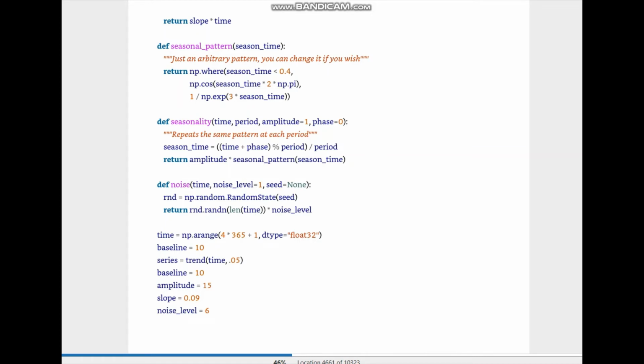Next is the seasonal pattern. So we take the season time. It's just an example pattern, you can change it if you wish, right? So it returns np.where season time is less than 0.4, np.cos of season time times 2 times np.pi, otherwise 1 divided by np.exp of 3 times season time.